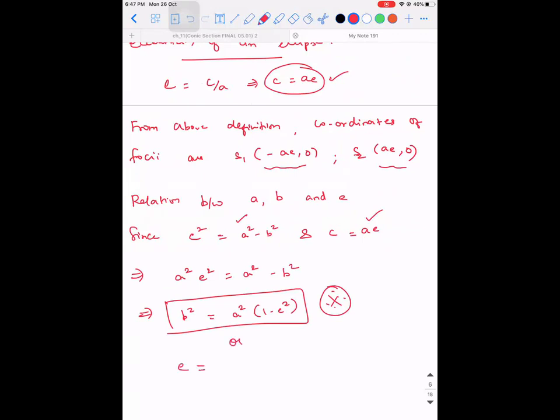Or I can write E is equal to root of A square minus B square divided by A. So E is equal to root of A square minus B square divided by A. Clear?